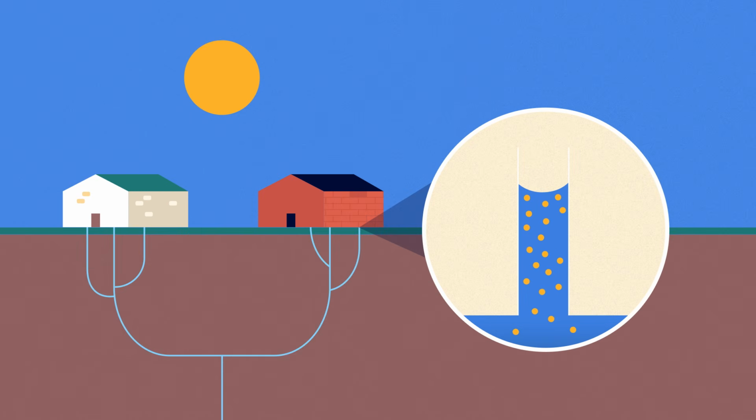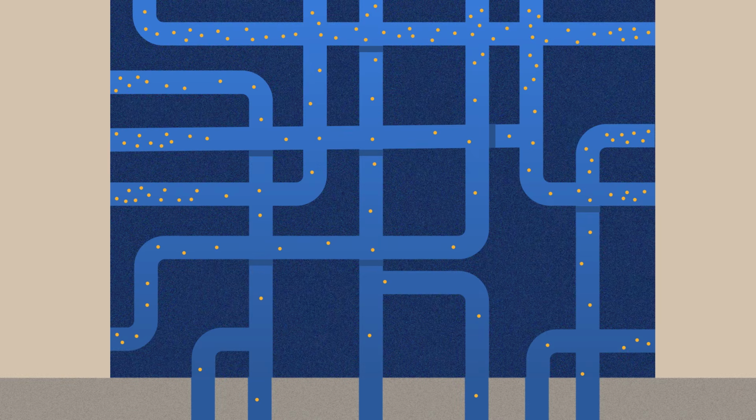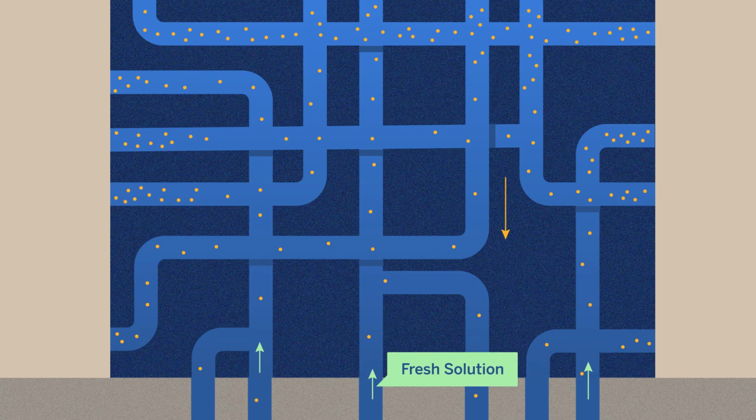For salt solutions, such as groundwater, we must consider that the evaporation of water causes the salt concentration to increase. When the height is low, the excess salts in solution can diffuse back towards the bulk solution, while fresh solution is drawn to the surface.